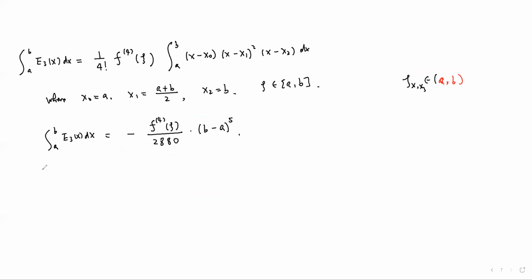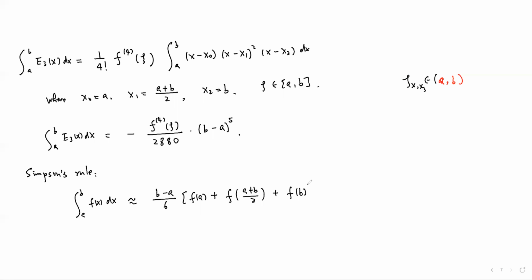So therefore, let me make a summary. Simpson's rule: this integral can be approximated by (b minus a) over 6 times [f(a) plus 4 f of the midpoint (a plus b)/2 plus f(b)].